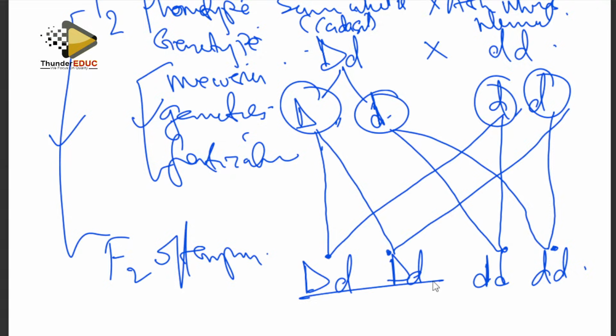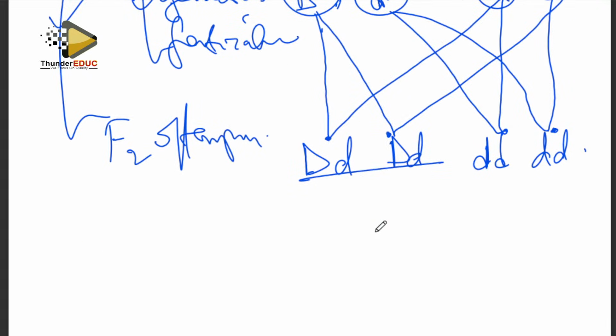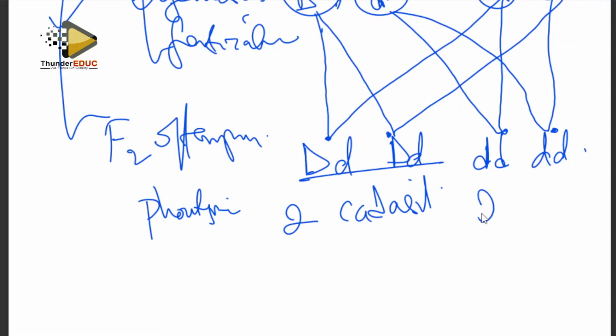Now you have two of them as the phenotype. Two have the CADASIL condition, and two are normal. They don't have the CADASIL condition. But what was the question?